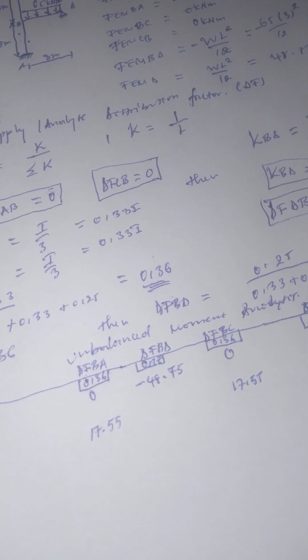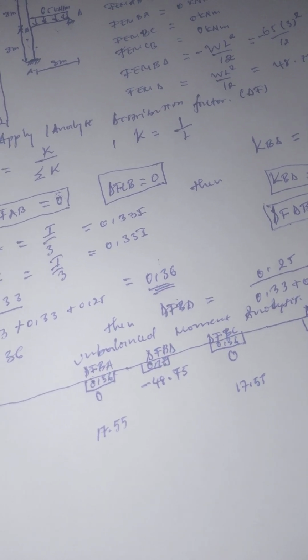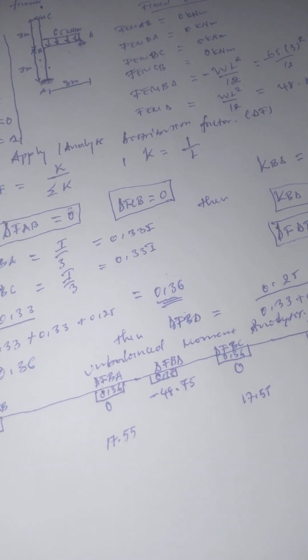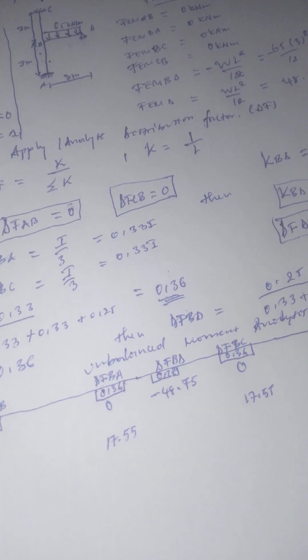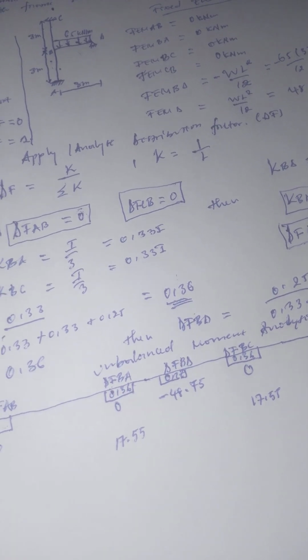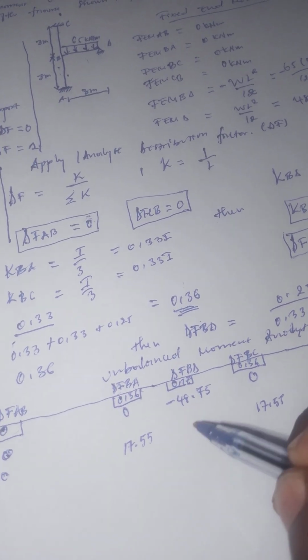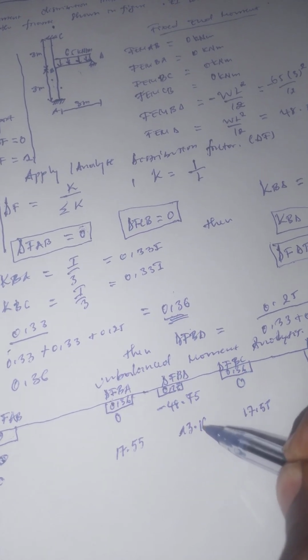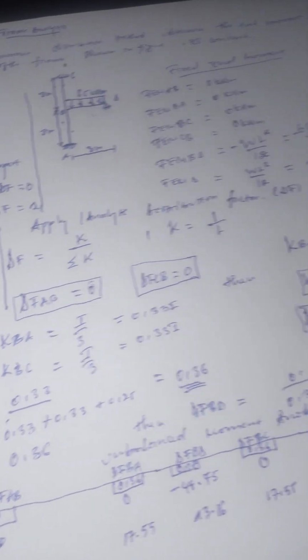Then we have 48.75 times 0.27, we get 13.16.